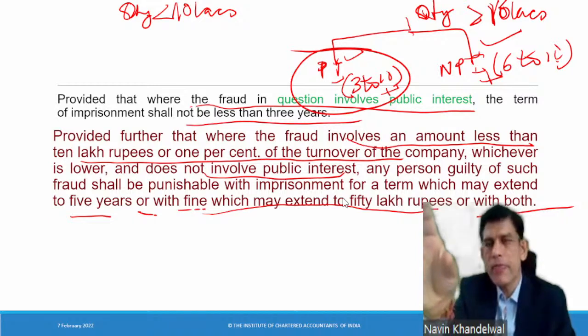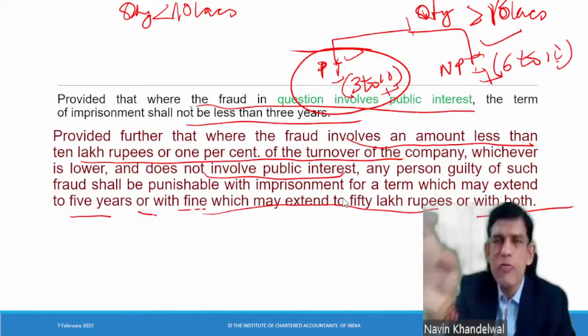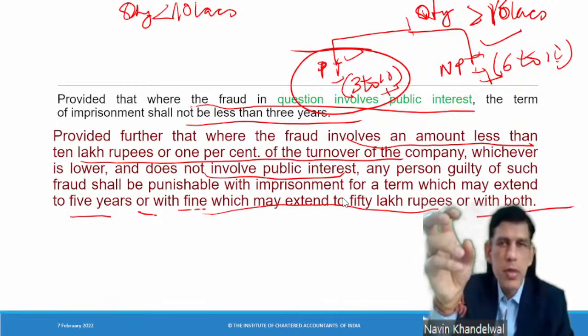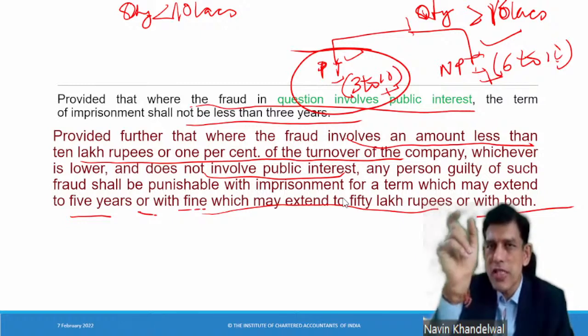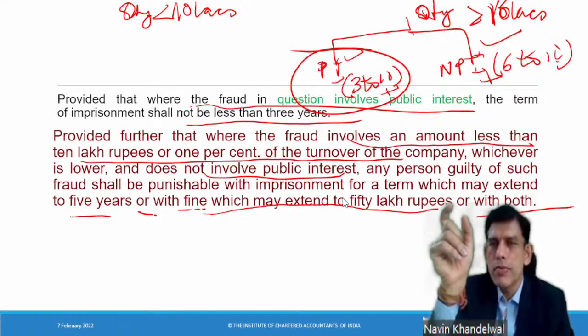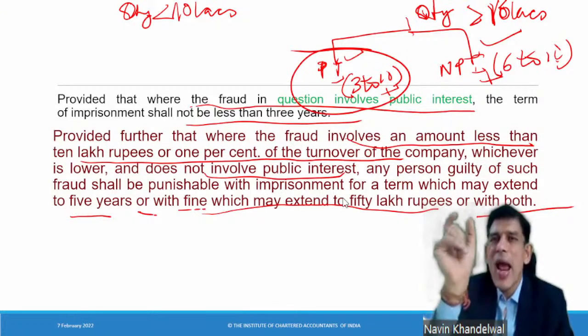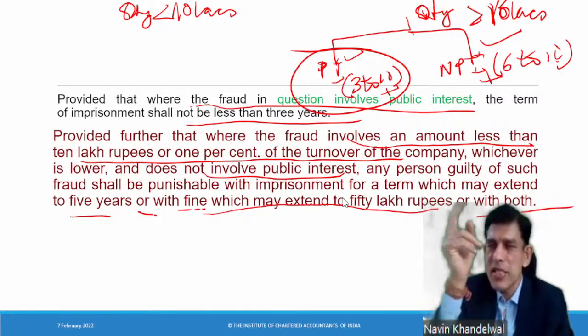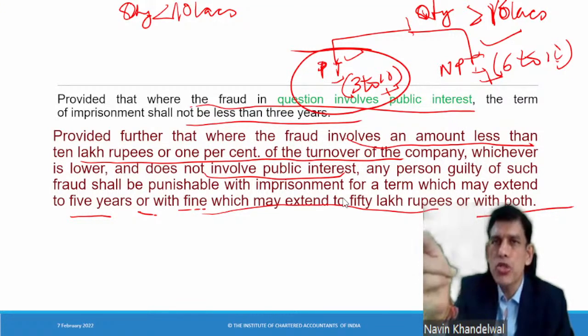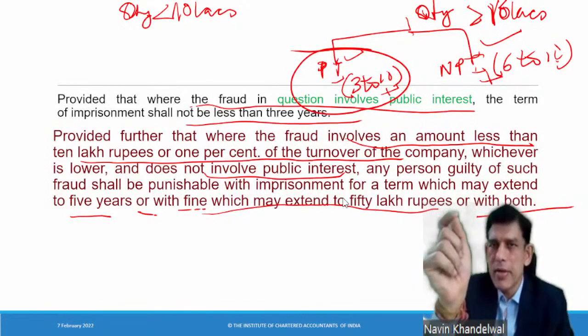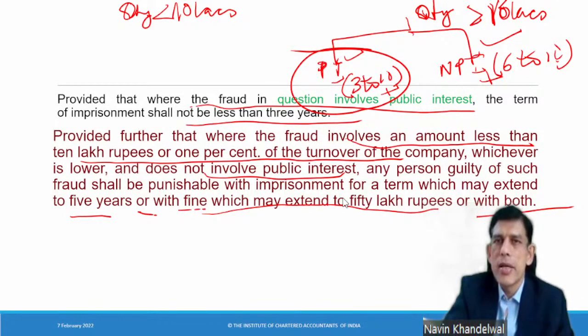So very important, a practical question can come from exam point of view. You need to first quantify the amount. Every classification is based on quantification and involvement of public interest. So please, when you read the question, break it, understand quantification, and second is public interest involved or not.